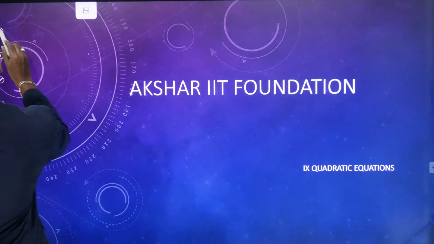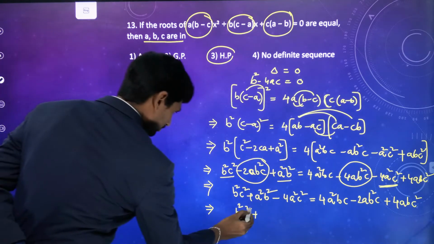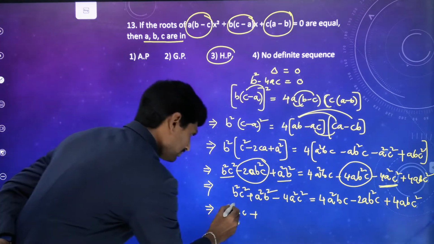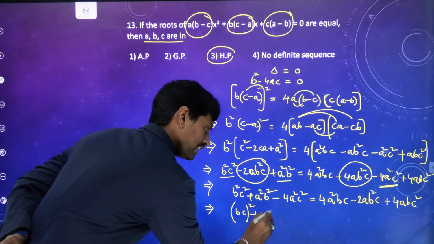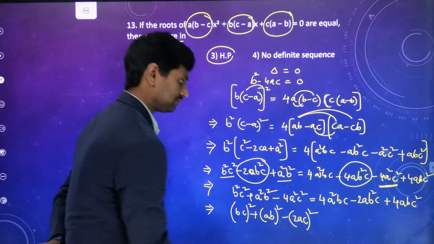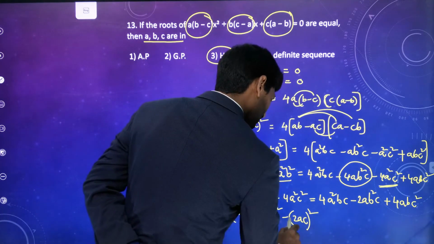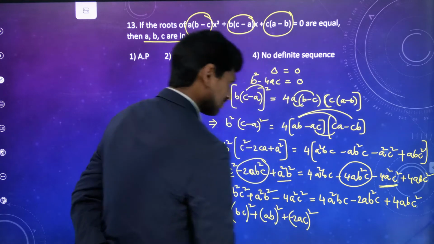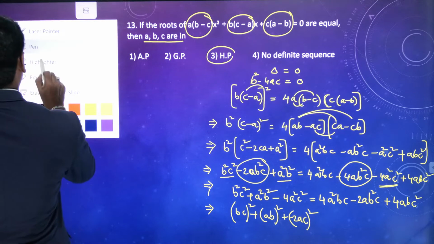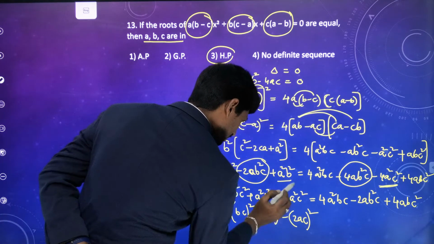Yes, bc whole square. This one also ab whole square. This is minus 2ac whole square. Okay, na? Here minus we should change.